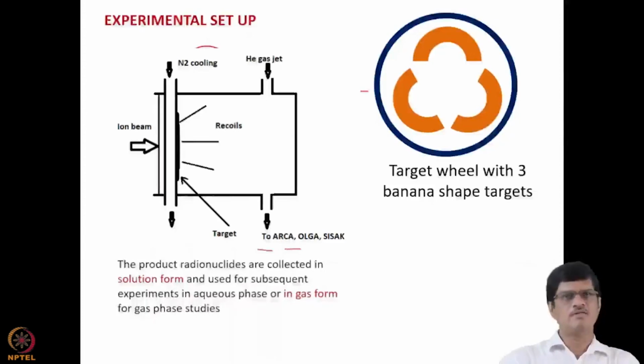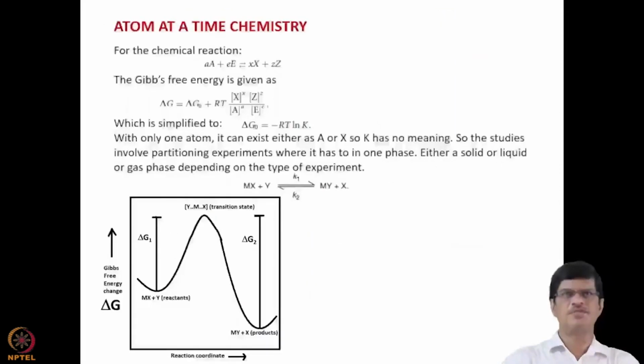Now the products, the radionuclides, are collected in solution form for the solution phase experiments, and in gas form for the gas phase studies. Now one important part here is atom-at-a-time chemistry, the single atom chemistry.